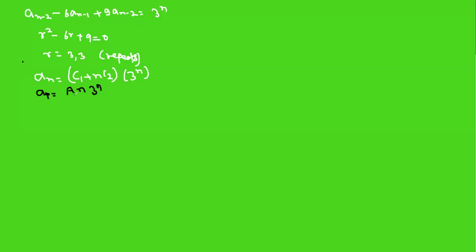Now see, you cannot put an 3n here because in homogeneous 3n comes 2 times. You can see here, right? So if 3n comes 2 times, then you can put a n square 3n, not an.